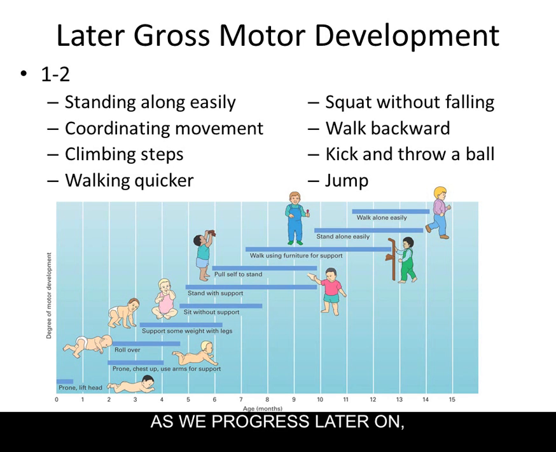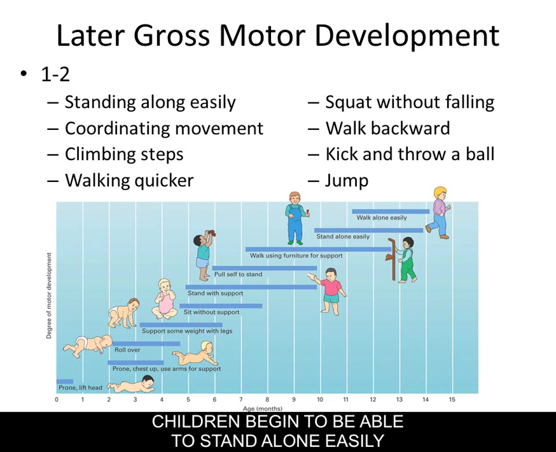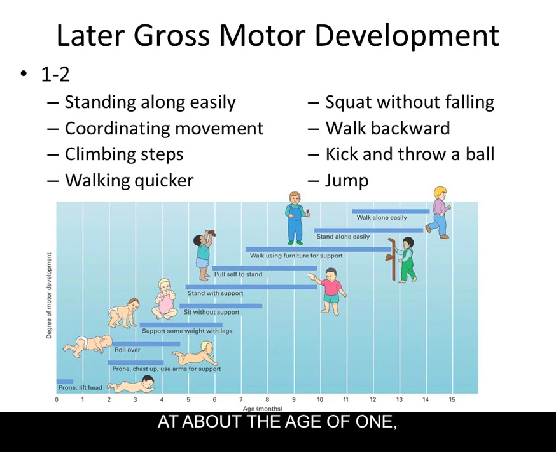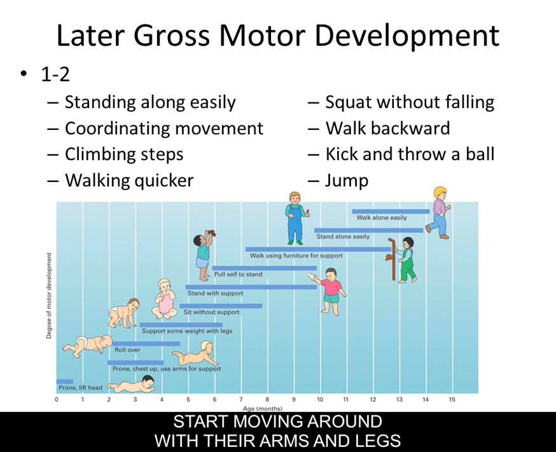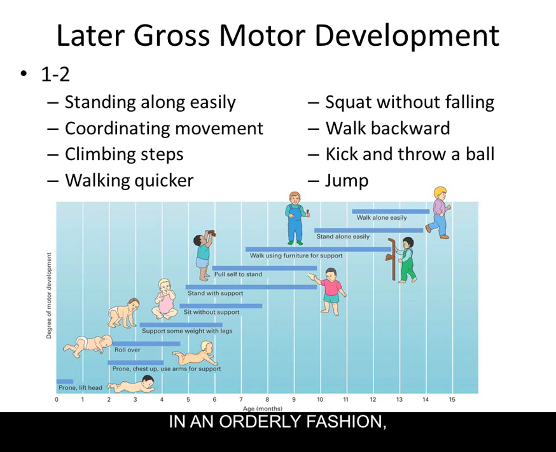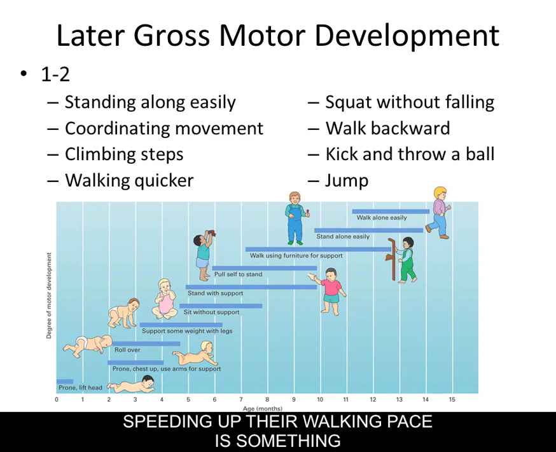As we progress later on, children begin to be able to stand alone easily at about the age of 1, and start moving around with their arms and legs in a more orderly fashion. They also start to develop the ability to climb steps, but usually at this point in time it's a crawl. Speeding up their walking pace is something that they're able to do.